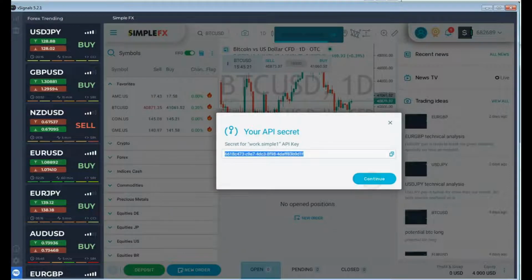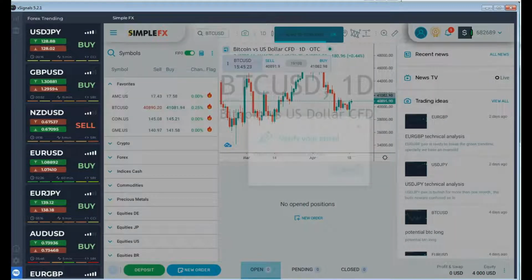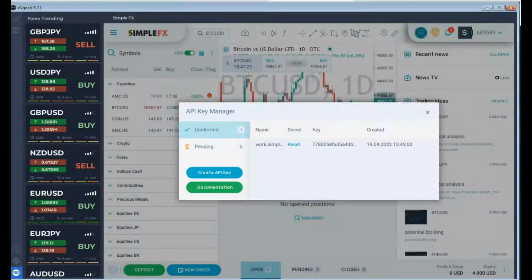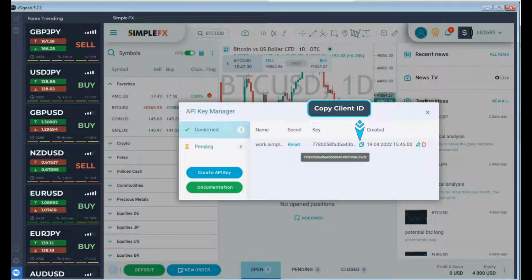We confirm the key by email specified during registration. Go back to the settings, get the second client ID key.